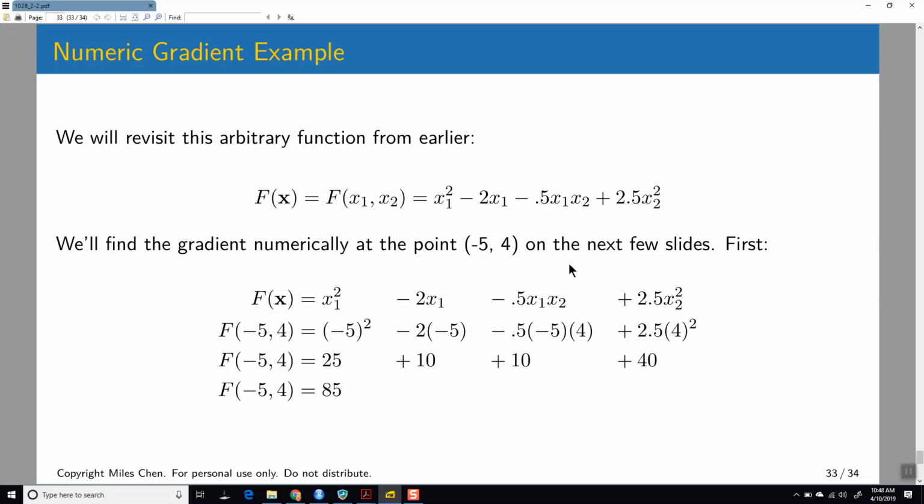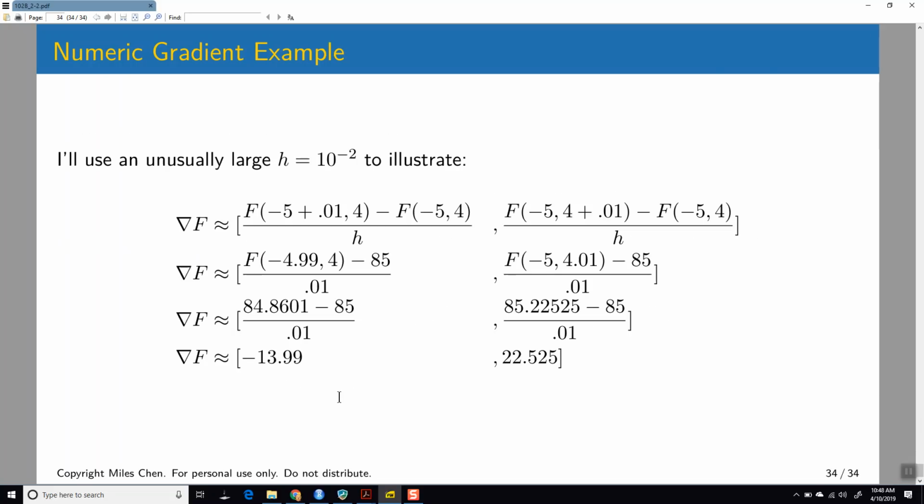If I plug in -5 and 4, we get 85, and I perturb the -5 by 0.01, so I run f of -4.99, 4, and compare that to f of -5, 4. Here I get 84.8601 minus 85, and that gives me an approximate gradient of -13.99.